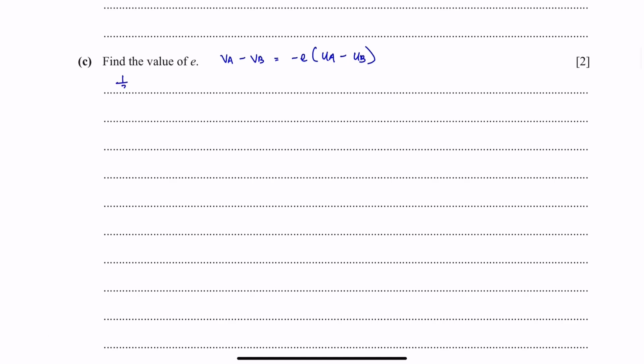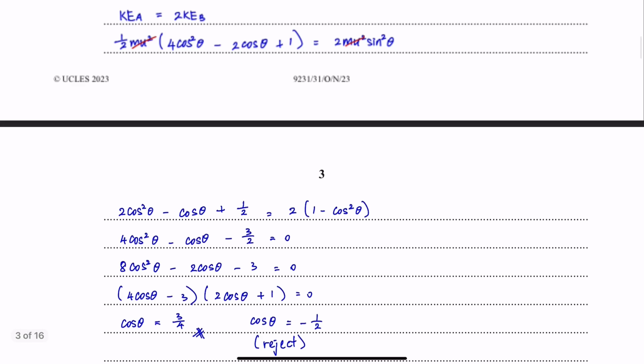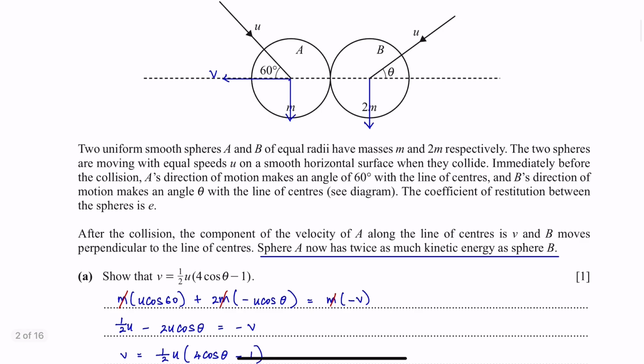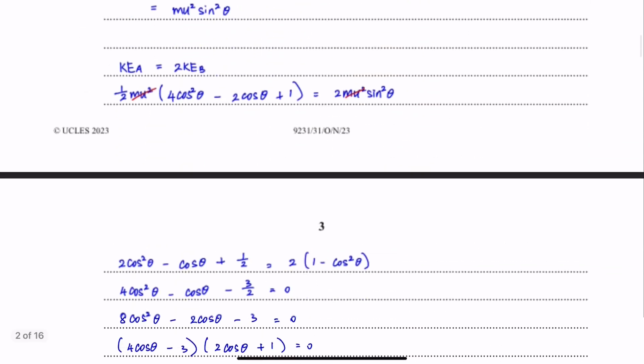So half U times 4 cos theta minus 1, minus VB, the horizontal component of the final velocity of B, is 0. So that equals minus E times UA, which is just U cos 60, and UB would be negative U cos theta.